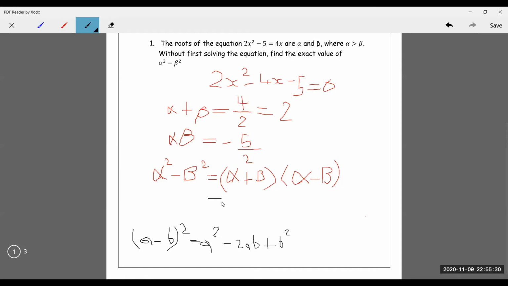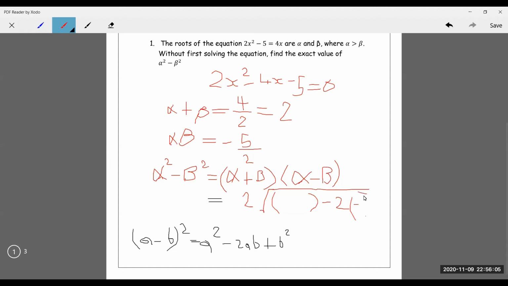So now what I'm getting is that alpha plus beta is 2, and alpha minus beta is just the square root of alpha squared plus beta squared minus 2 alpha beta, which is minus 2 times minus 5 over 2.